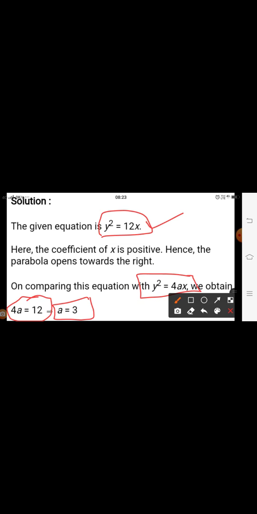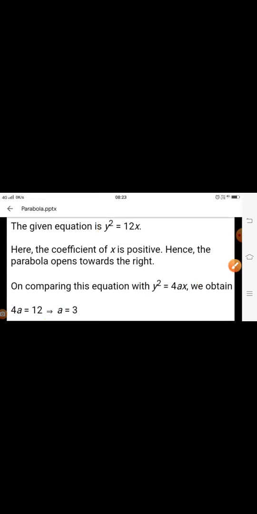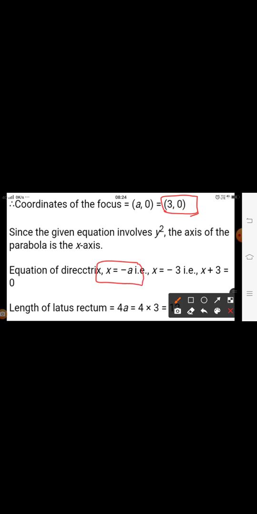And if we have the value of a, then we can tell the coordinate of the focus, because the coordinate of focus along the positive direction of the x-axis is (a, 0). The y coordinate is 0 here, and the value of x is 3. Then the coordinate of focus is (3, 0). For a parabola symmetric along the positive direction of the x-axis, the equation of the directrix is x equal to minus a.